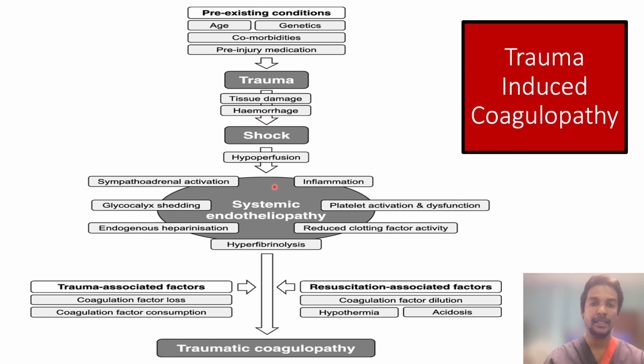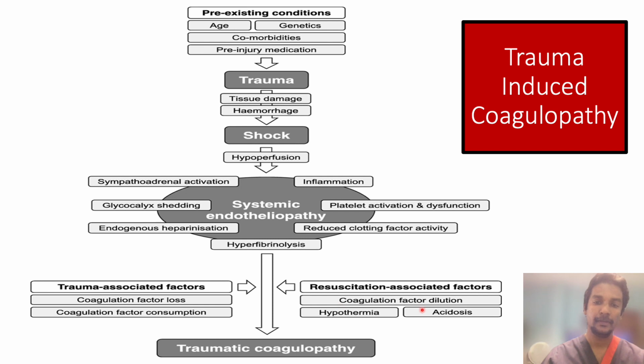This will initiate a series of reactions systematically, namely inflammation, platelet activation and dysfunction, reduced clotting factor activity, sympathoadrenal activation, endothelial glycocalyx shedding, endogenous heparinization, and hyperfibrinolysis. All these are known as acute traumatic coagulopathy.